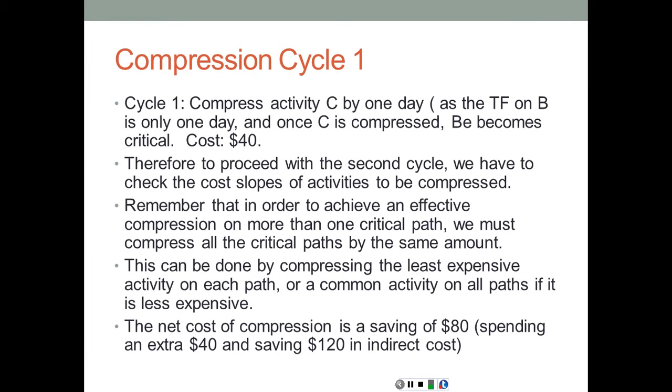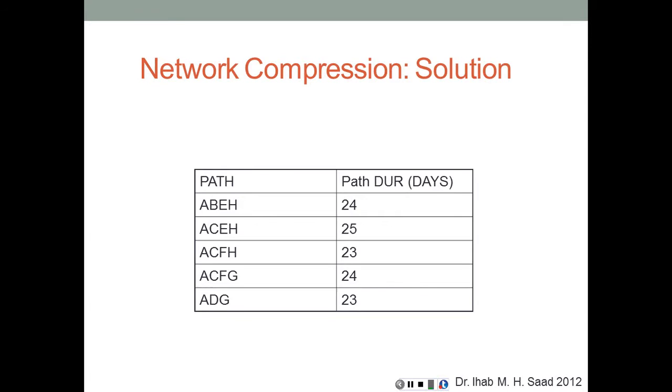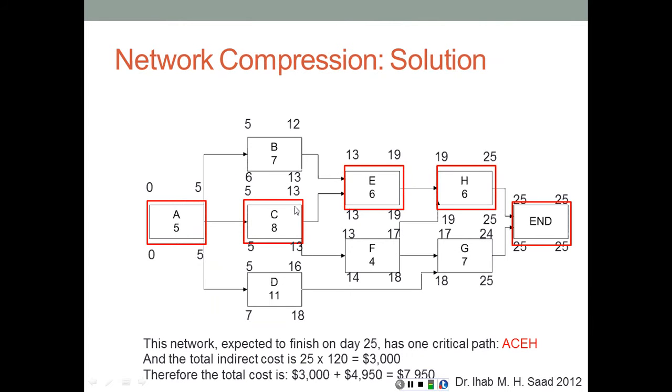Now we notice that, looking at the network again, look at the total float on activity B. 13 and 12, so the total float for this activity is only 1 day, which means if I reduce the duration of this activity by 1 day, if I end this activity on day 12, going in the backward path, we're going to find out that the late finish for activity B is going to become 12, which means activity B is going to lose its only day of total float, which is going to make it a critical activity.